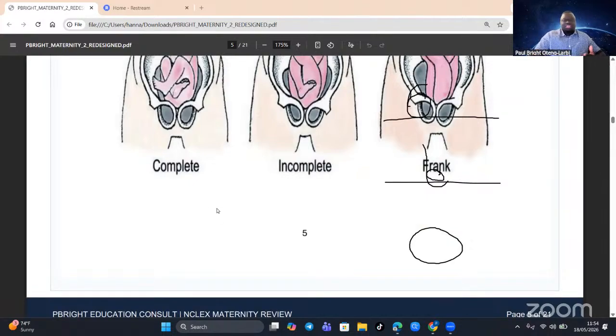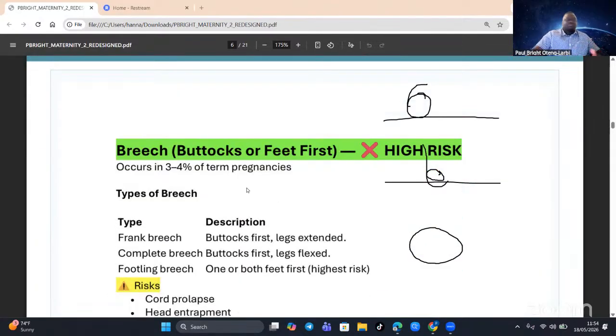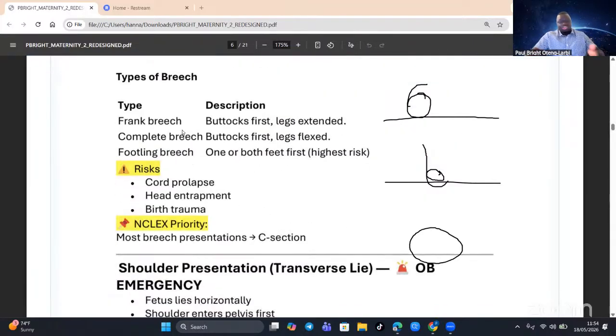It helps you to do your assessment on every patient. Okay. So I've explained them. The breech is the buttocks or the feet first. So you know when you take the slide, you should be able to know the differences. So the frank, the buttocks; the complete, the buttocks and the legs, everything inside; then the footling or whatever.